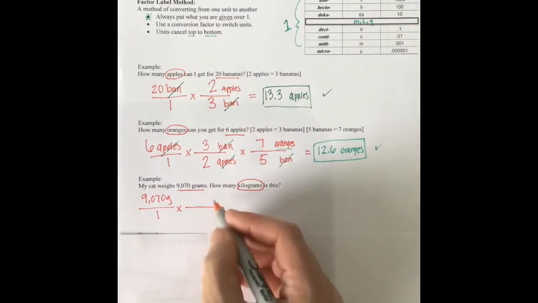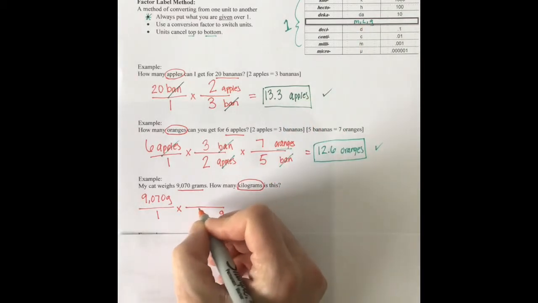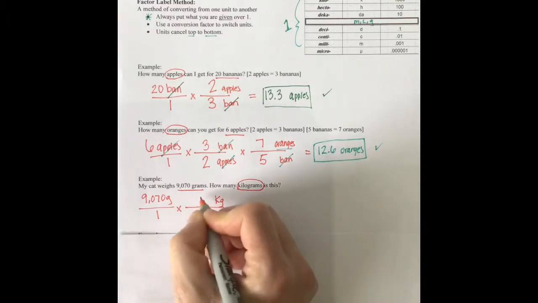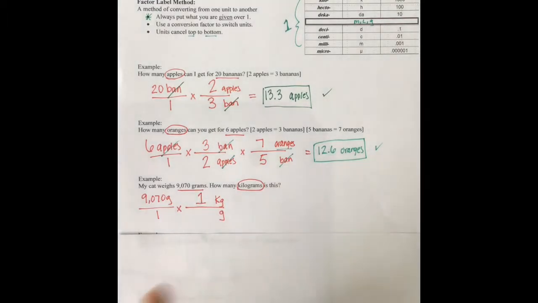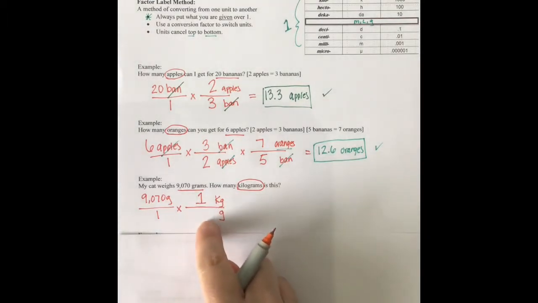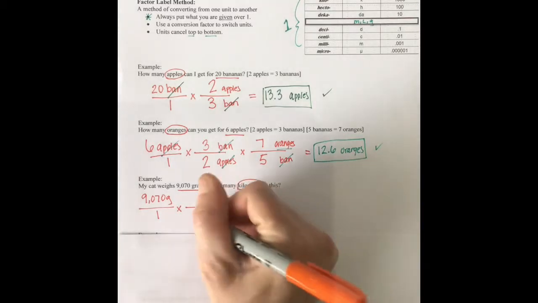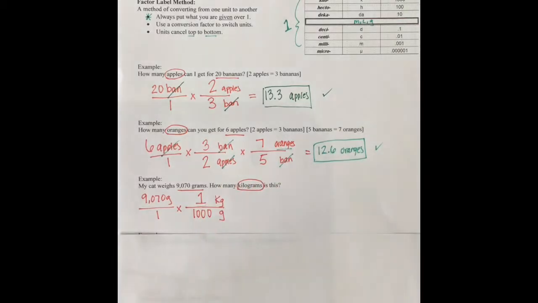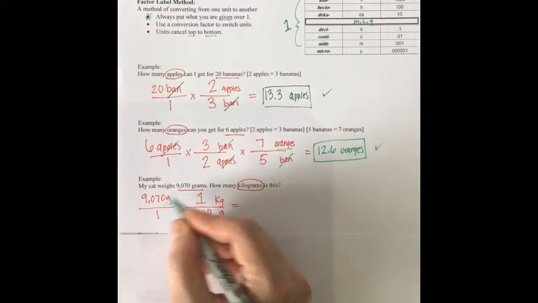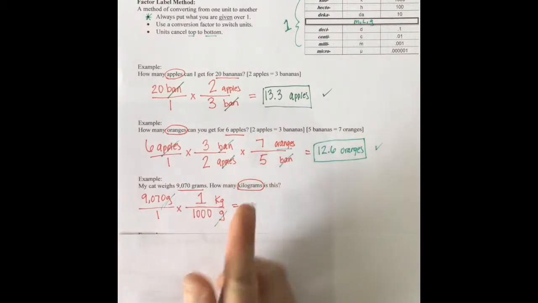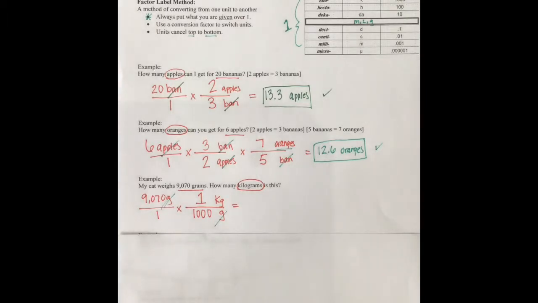So let's use that conversion factor. 1 kilogram is equal to 1,000 grams. We always want to make sure our units cancel top to bottom, and we're left with kilograms, and that's what we want to find.